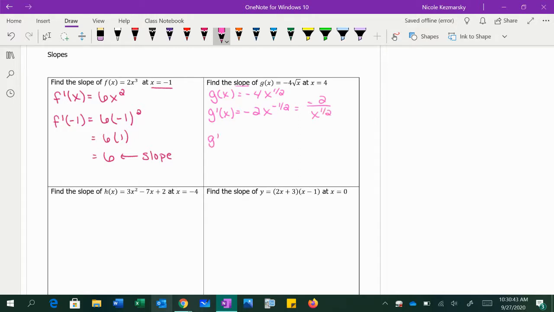Then I'm going to find g prime of 4 because it told me to find the slope at x equals 4. I was given an at. So I'm going to do -2 over 4 to the 1/2. 4 to the 1/2 is the square root of 4, which is 2. So this is going to be -2 over 2, which gets me -1. And that's the slope.